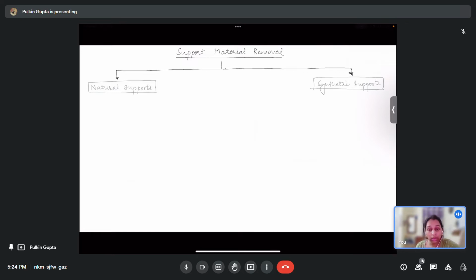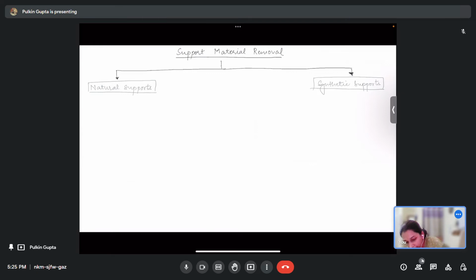In processes where the part being built is fully encapsulated in the build material, those are the natural supports. Okay, wherein you do not need any secondary material to produce the supports. Whatever your build material is, your part is encapsulated in there. That is natural support.